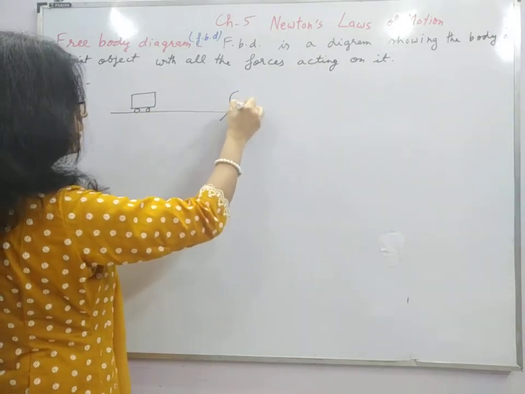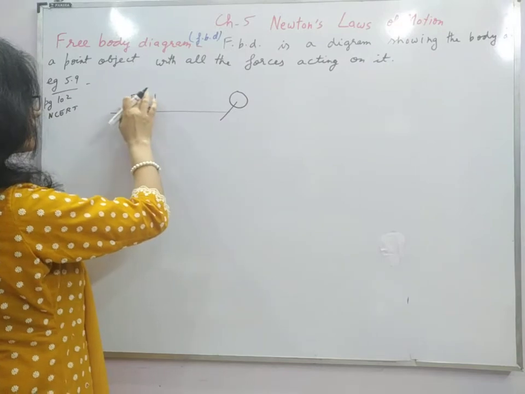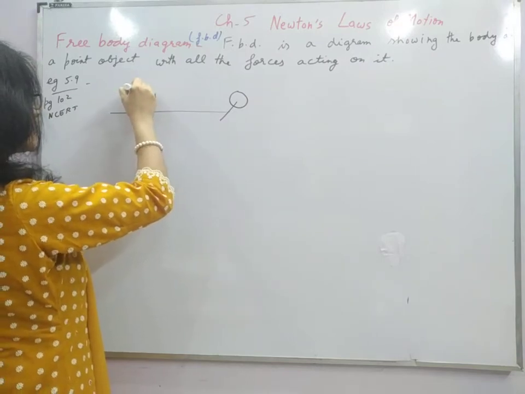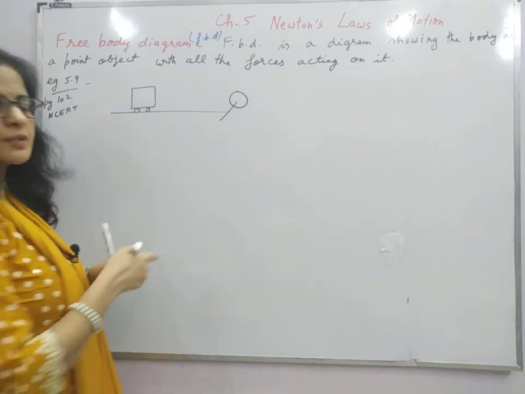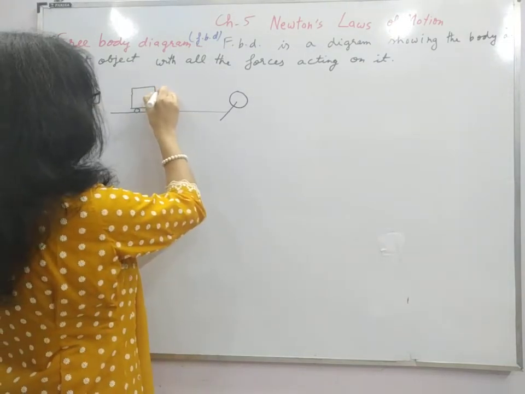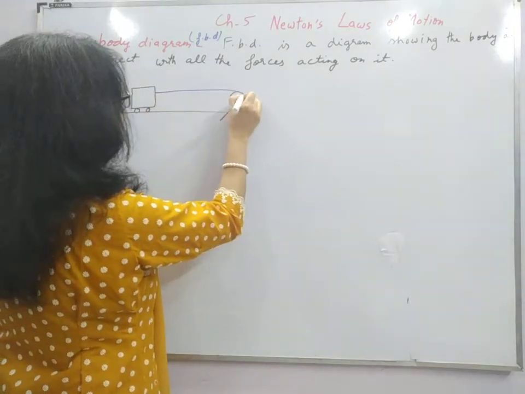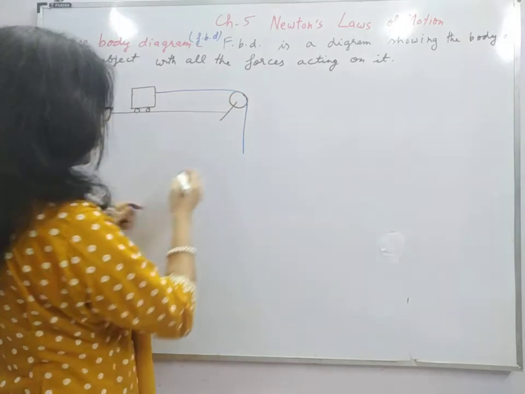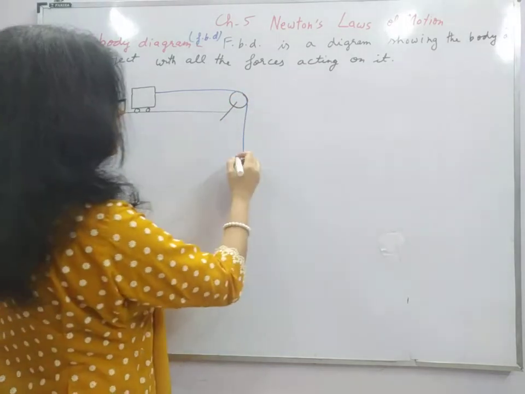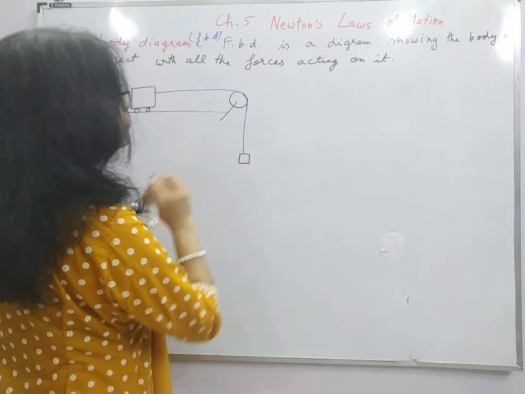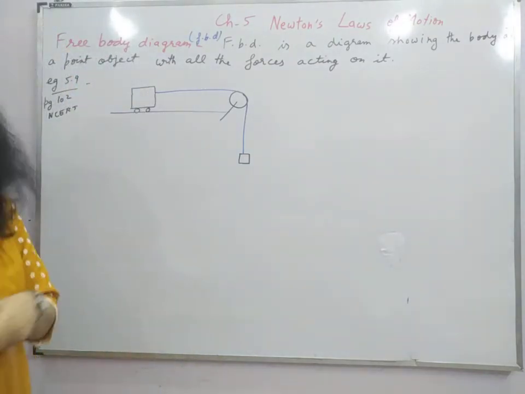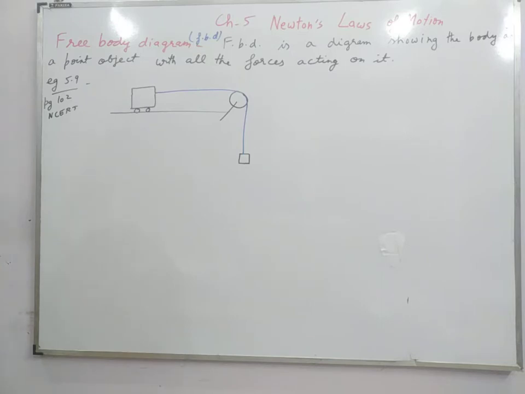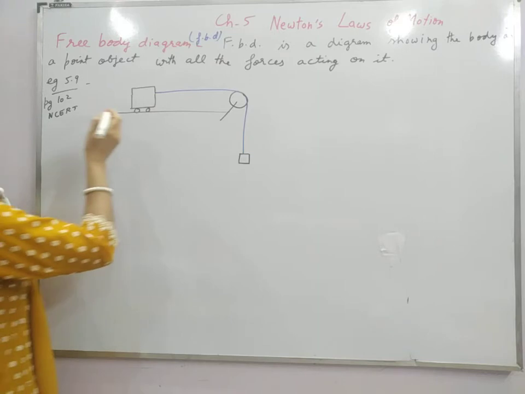There is a pulley attached to this surface, and there is a string which is passing over the pulley, and here it is attached to a block, right? And what else is given? The coefficient of kinetic friction between the trolley and the surface is 0.04.